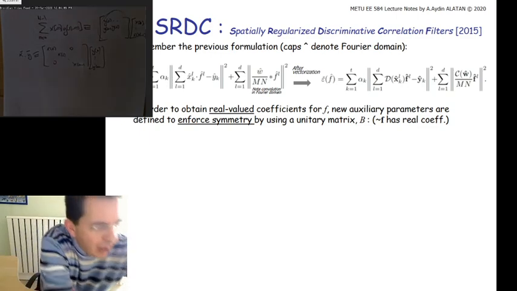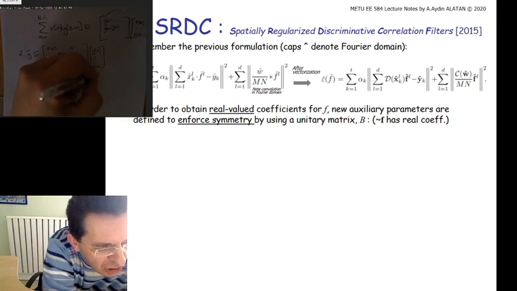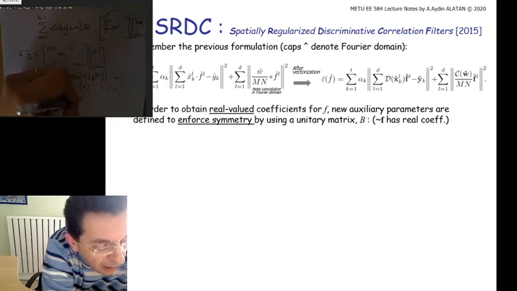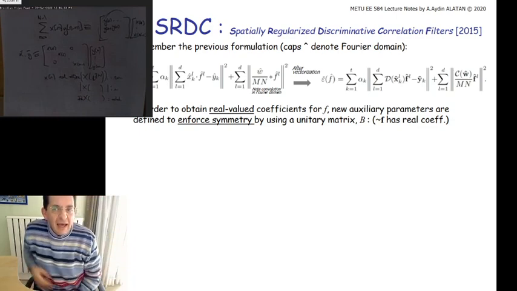As you remember, if x of n is real, then the real part of x e to the j omega is even in magnitude, and the imaginary part is odd, okay? We have this fundamental property from DFT and DTFT.